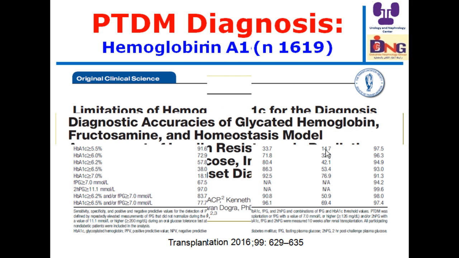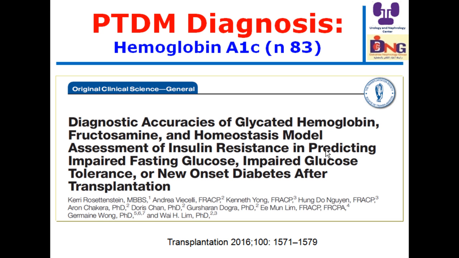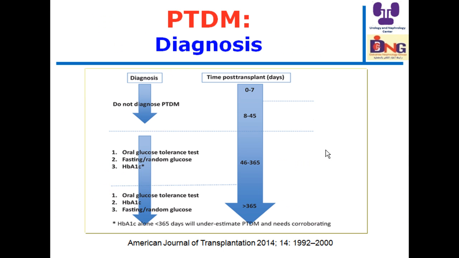This is another study including 83 patients, and it concluded that fructosamine may be more accurate diagnostic test, but this needs to be further examined in large cohorts of patients.